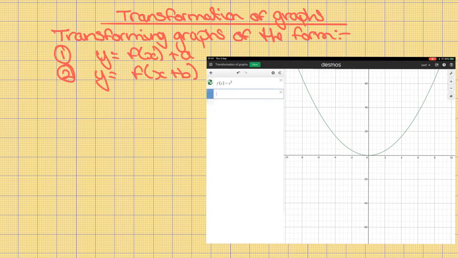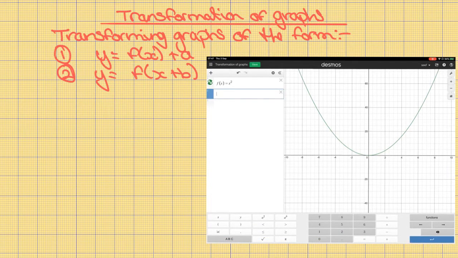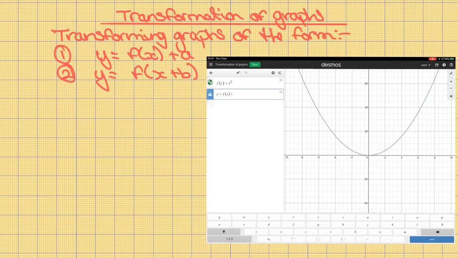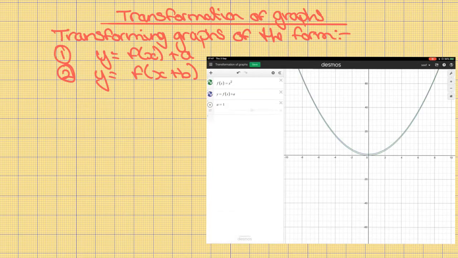If we now draw the graph y equals f of x plus a and use a slider, if we put a equal to 0, it lies on top of our original graph.